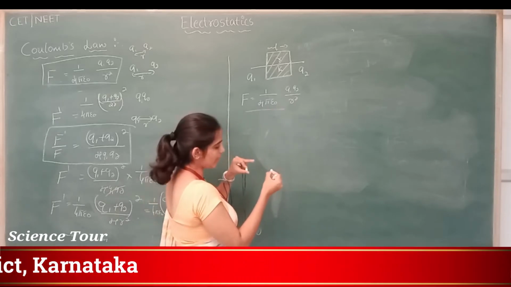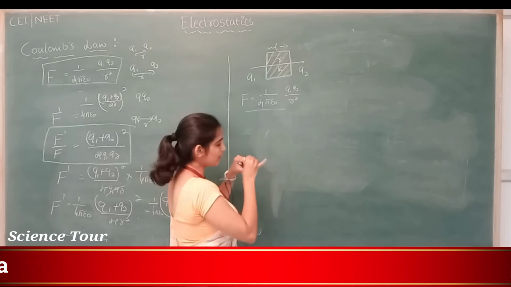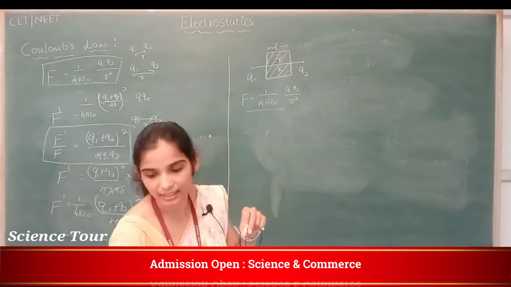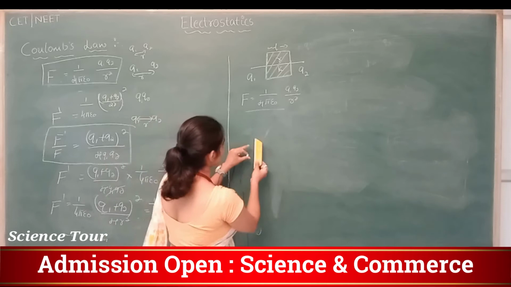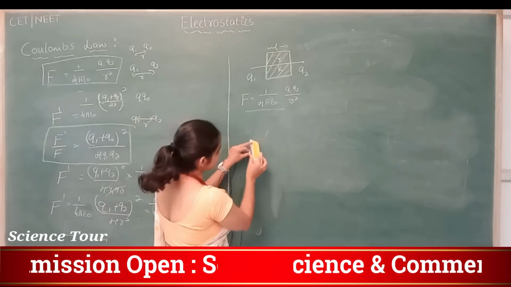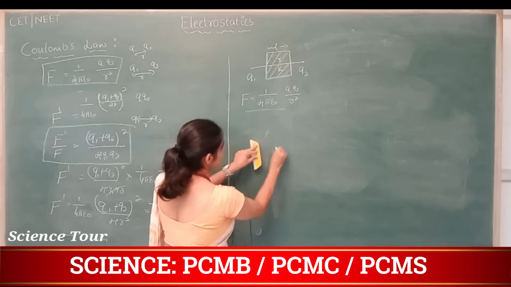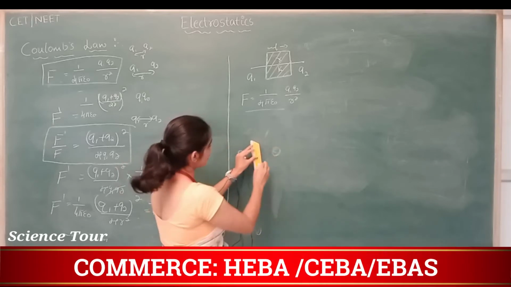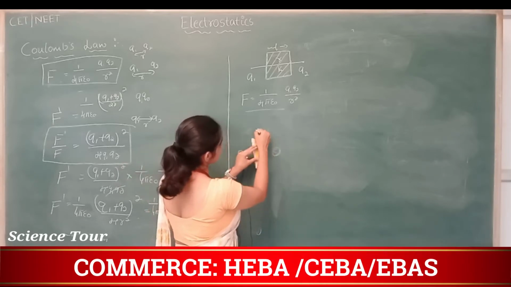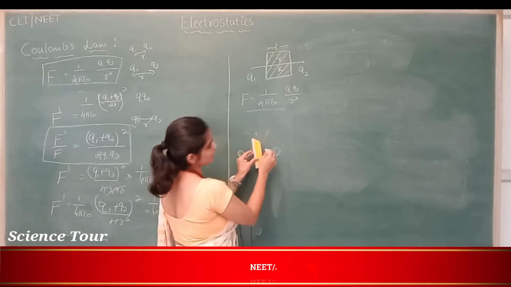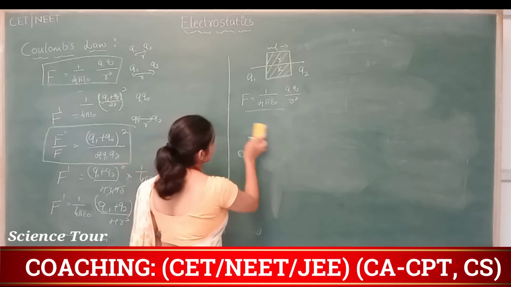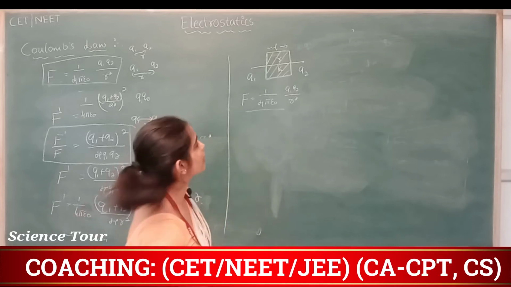Now in this gap between the charges, I place a dielectric material. Here is one charge, here is one charge, and the thickness of this material is T and its dielectric constant is K. Now what is the force between them?